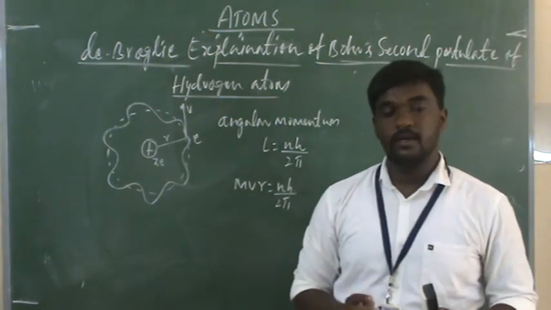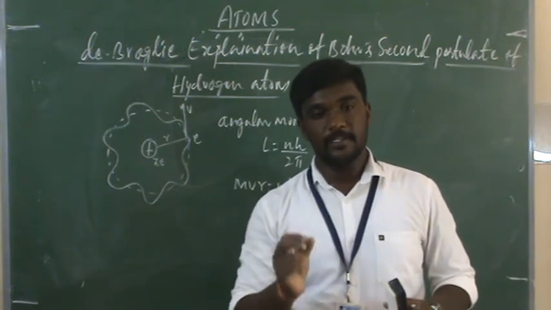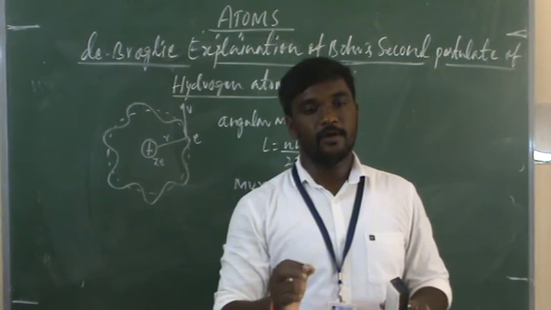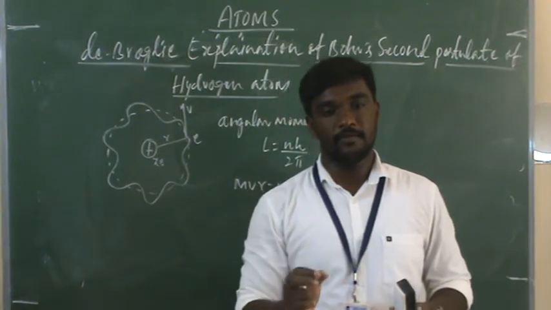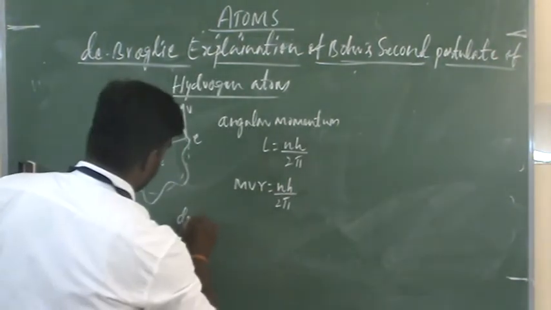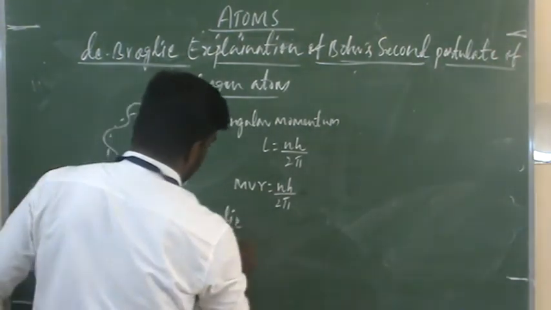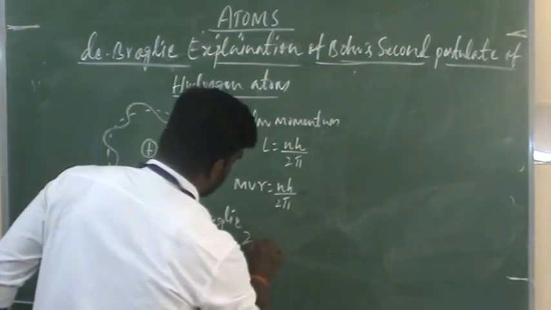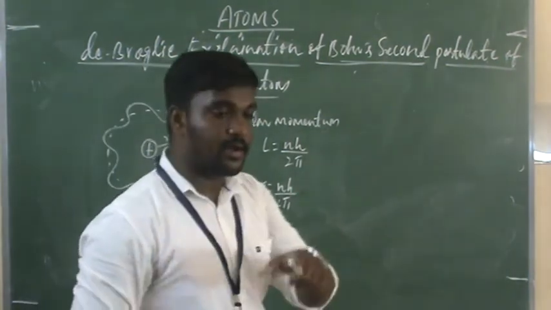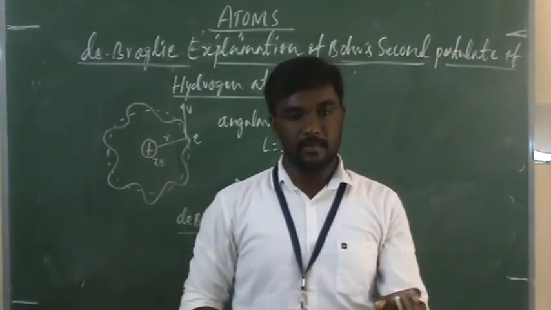So de Broglie states that the circumference of the orbit of the electron revolving around a nucleus in the form of a wave in a circular orbit is an integral multiple of de Broglie's wavelength.